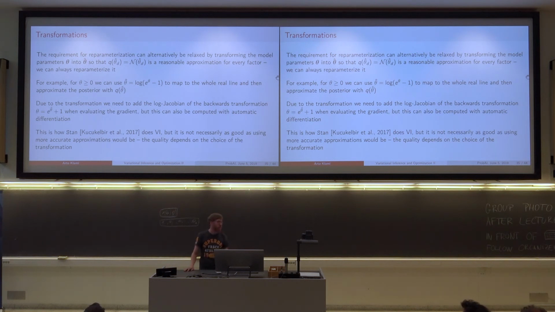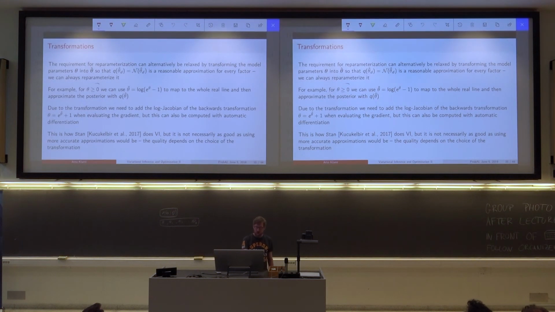As an example, let's say you have a theta, and you just know that one of your parameters is a scalar parameter that has to be positive. You could approximate that with gamma or exponential or something.